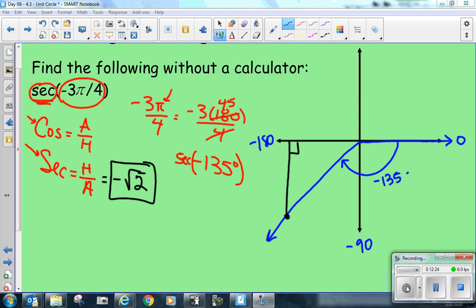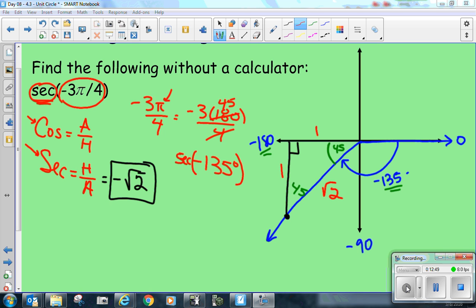All right? So, first thing is, after our altitude, you need to find this angle here. What is that? 45. So the difference between 135 and 180 is 45, which means we have a 45, 45, 90 triangle. And the sides of a 45, 45, 90 triangle are 1, 1, radical 2. Thank you very much.